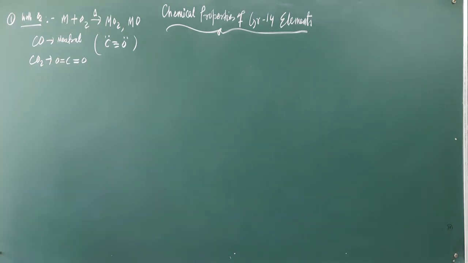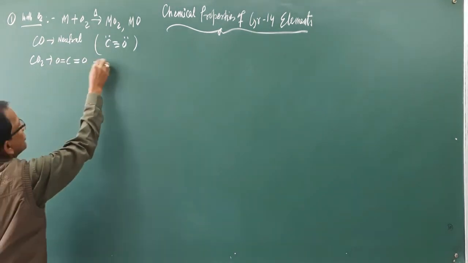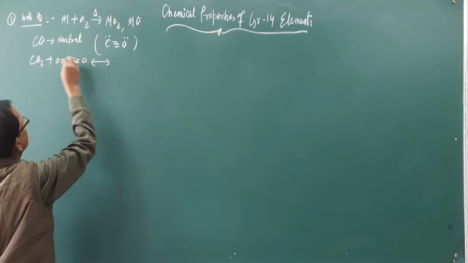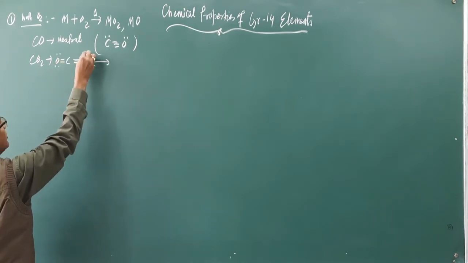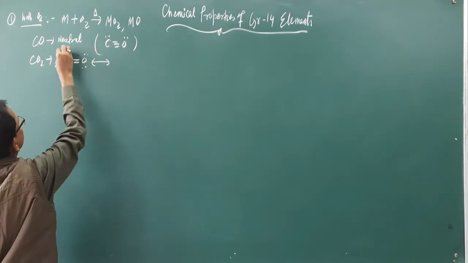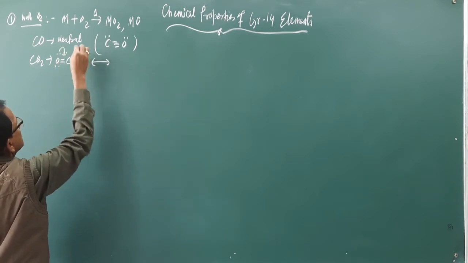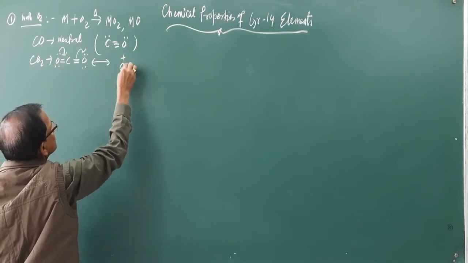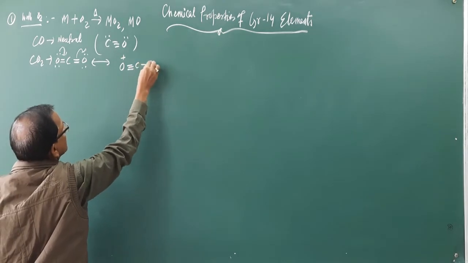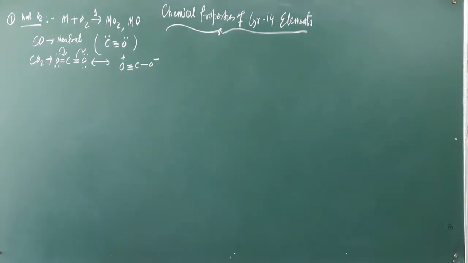This is the linear structure of carbon dioxide, and it also has resonance. You can write the resonance structure like this: O plus triple bond C single bond O minus. This is the structure of carbon dioxide.